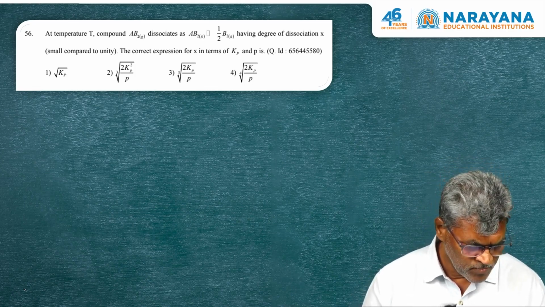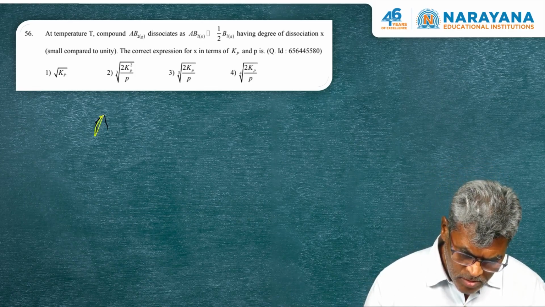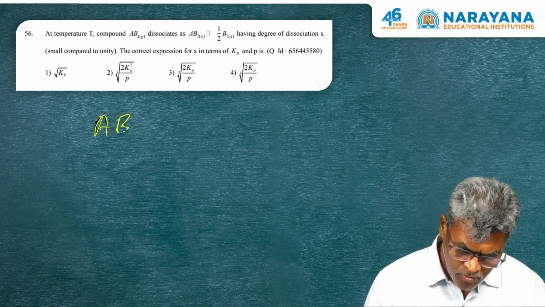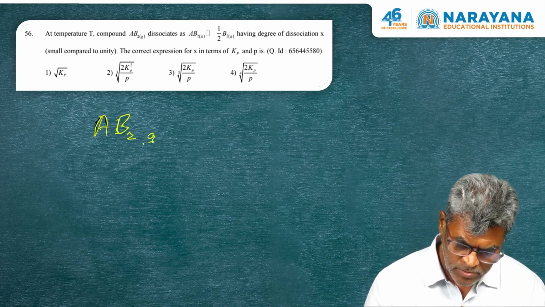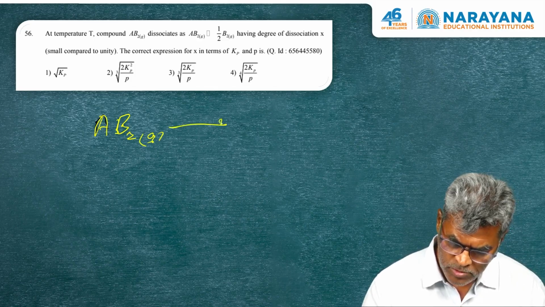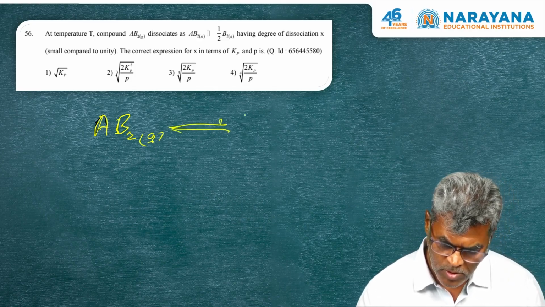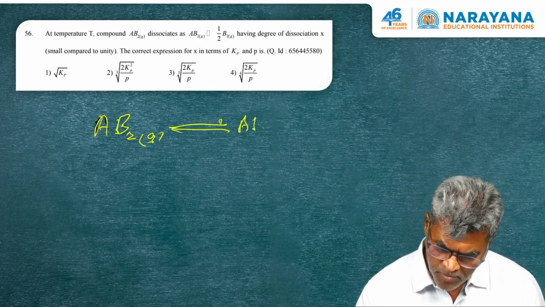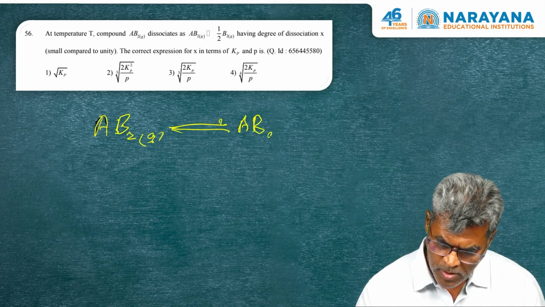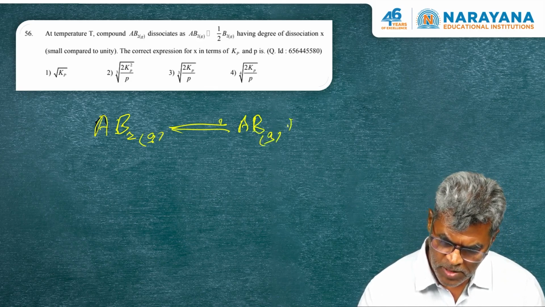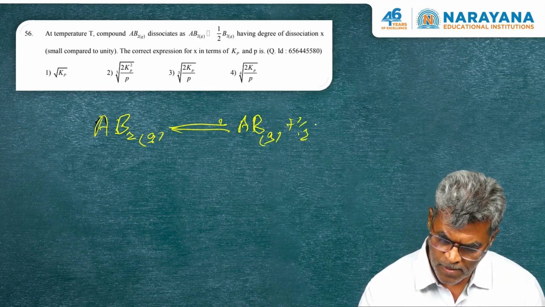So, you can write AB2 gas gives AB gas plus half B2 gas.